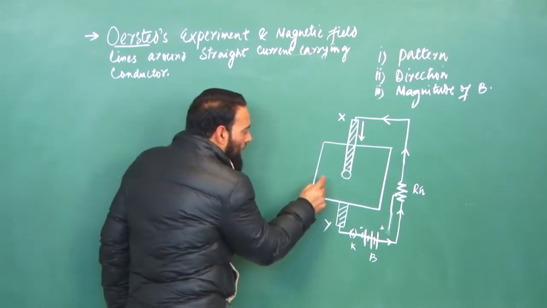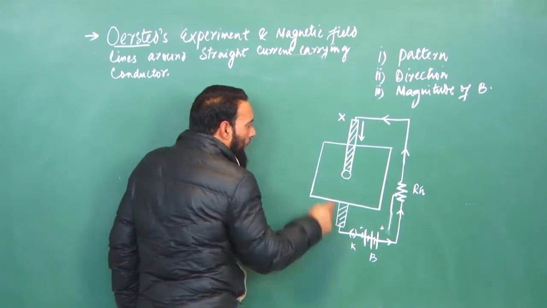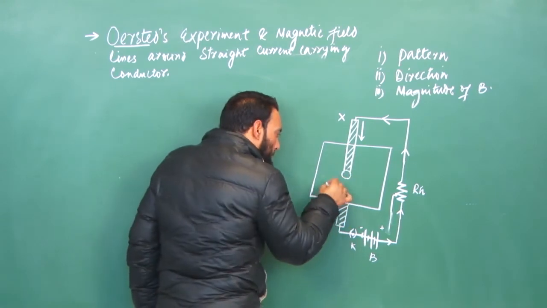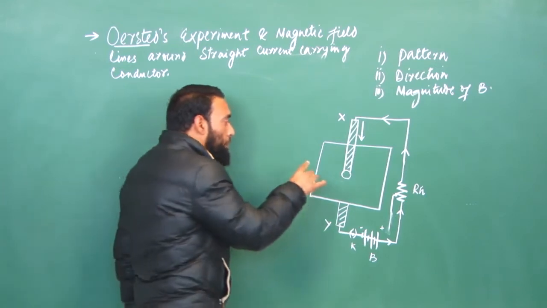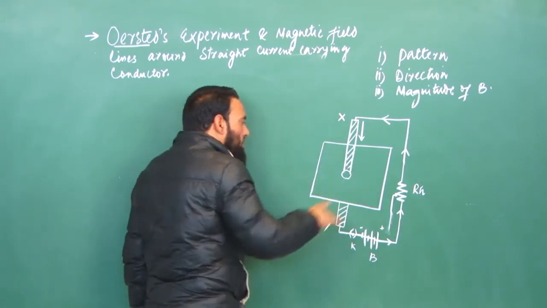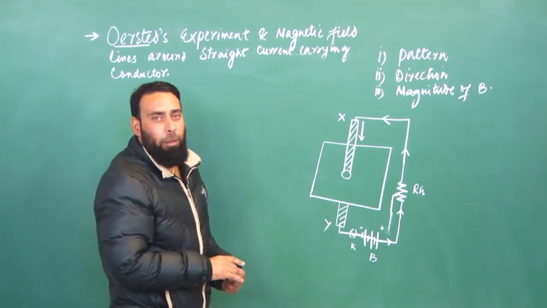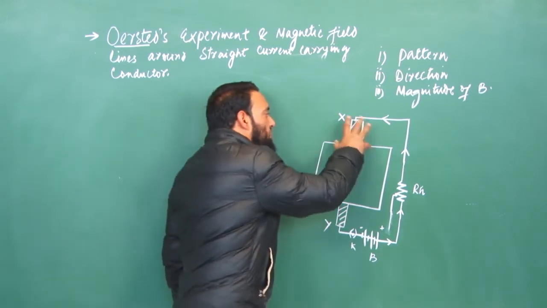And we gently tap the cardboard and we will find that these iron filings will be magnetized and they will arrange themselves according to the magnetic lines of force around the straight conductor.